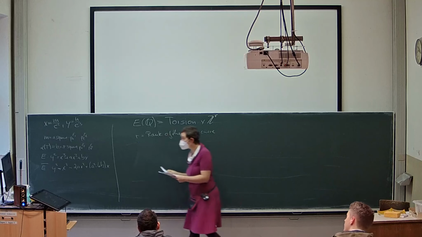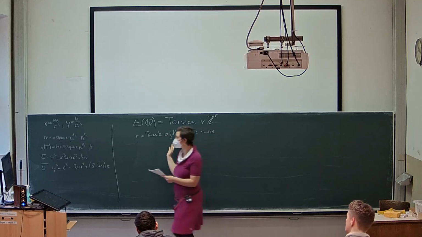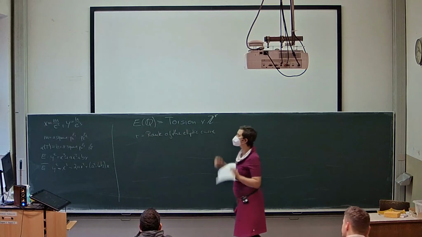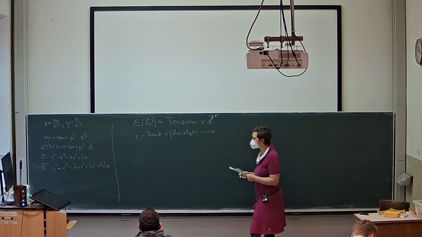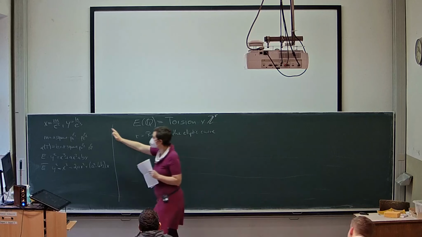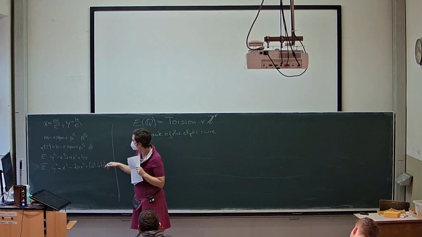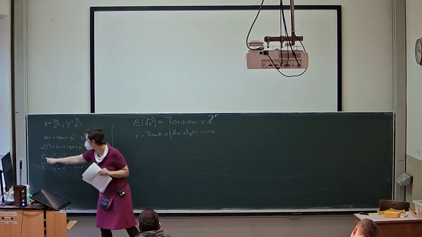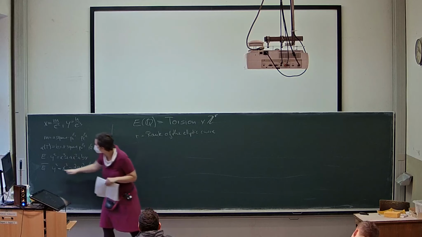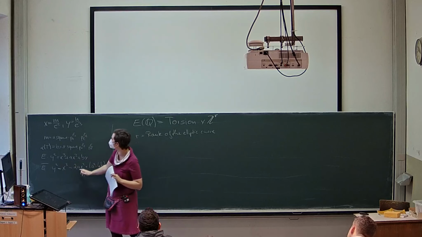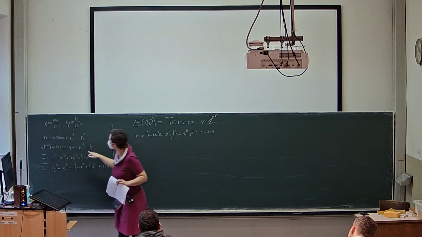Okay, how can we compute the rank, and what do we need from the last lectures with this useful homomorphism that we constructed? I wrote down a few things that we used in the last lectures to keep in mind. So we had the elliptic curve, and then we had a new elliptic curve that comes out of this one. We had this homomorphism.